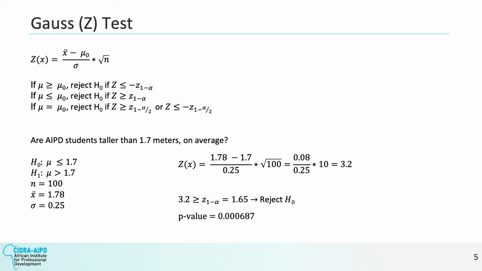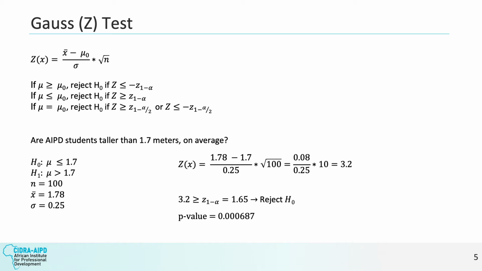We can thus calculate a z-score of 3.2. Because 3.2 is greater than 1.65, we can reject our null hypothesis and conclude that AIPD students are in fact taller than 1.7 meters on average.